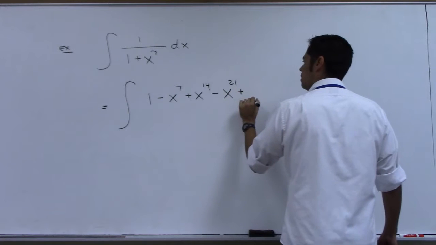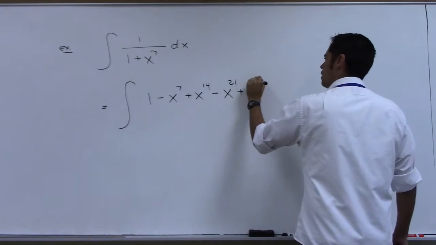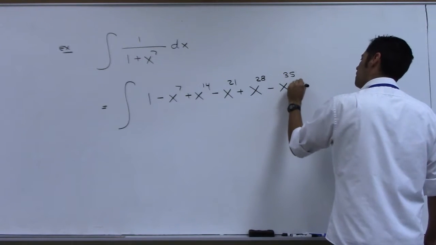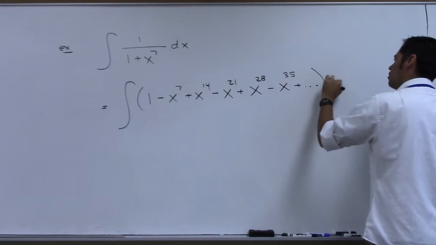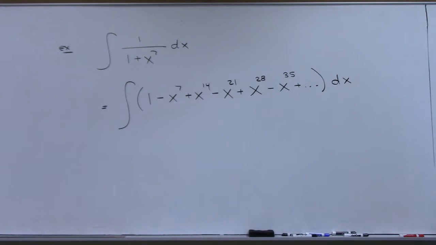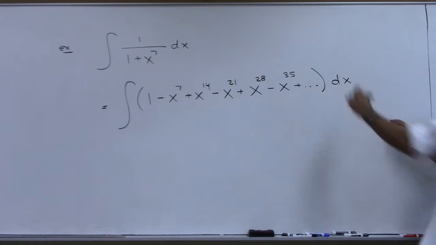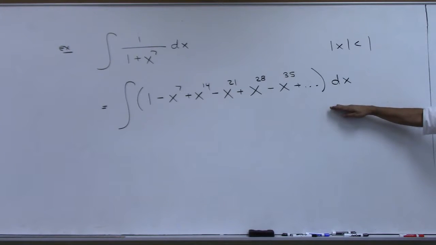Yes. Plus x to the 28th, was it? Okay. Right? That's an infinite series sitting inside of an integral, right? Like that. Now, I can do this so long as what? As long as this is true, I can do that, right?